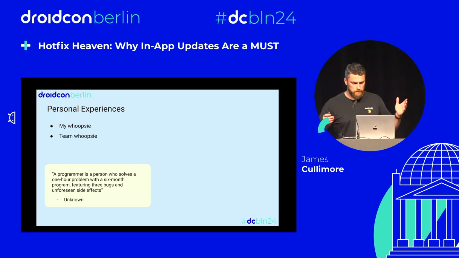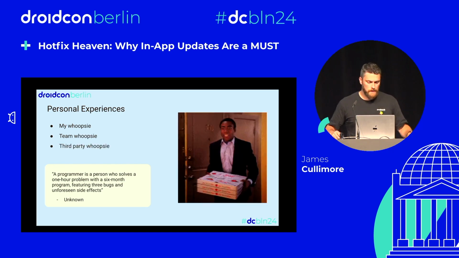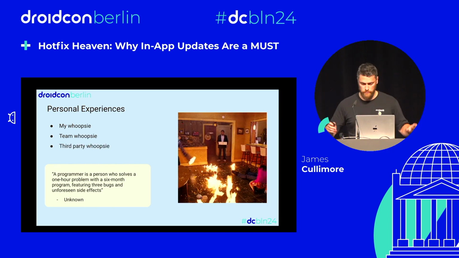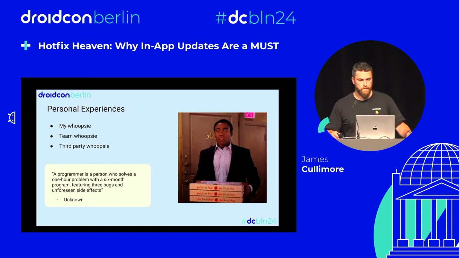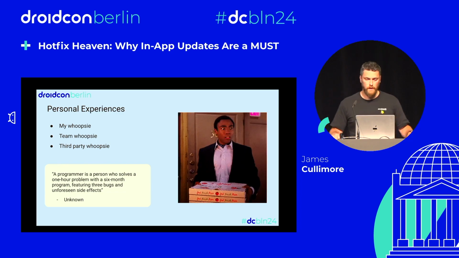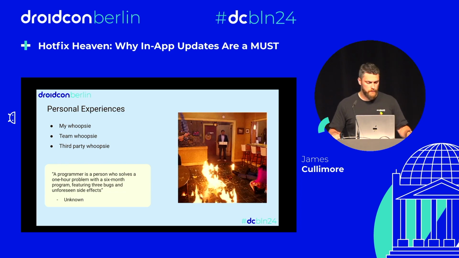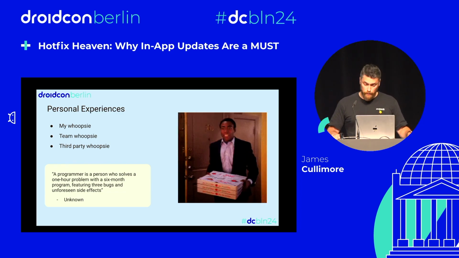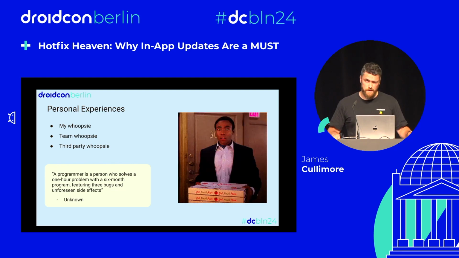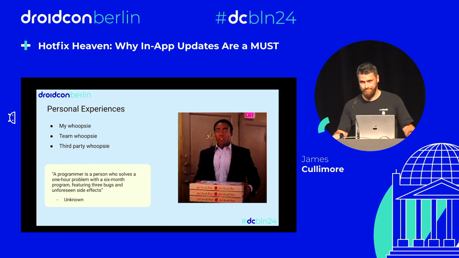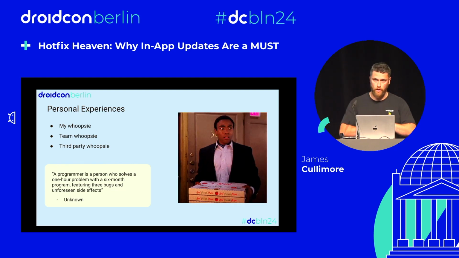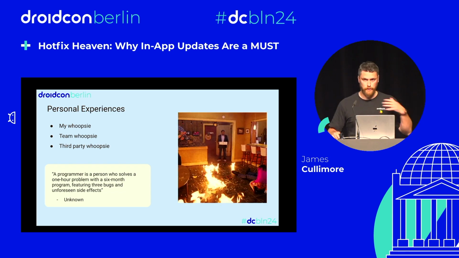The last story, where in-app updates saved my backside, or our backsides, was a completely unforeseen one. So we had added certificate pinning to the app for security enhancement. And over Christmas, the certificate issuer got hacked and revoked all of their certificates, including ours.